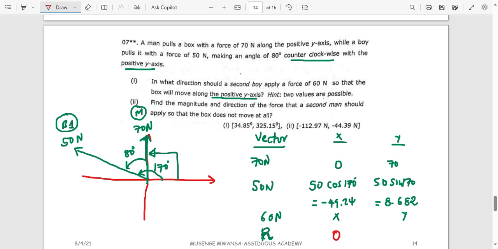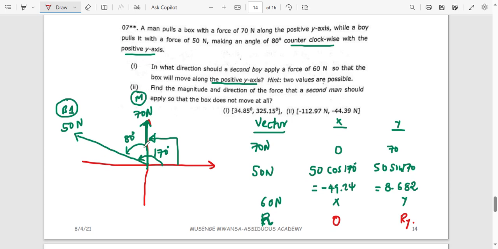But I don't know what the y component for this force is going to be. So I don't know the resultant force for the y. That one I don't know. The only thing that I know is the x, because it's going to be moving along the y, meaning that there's going to be a certain force along the y.